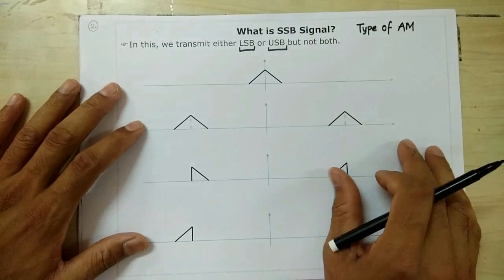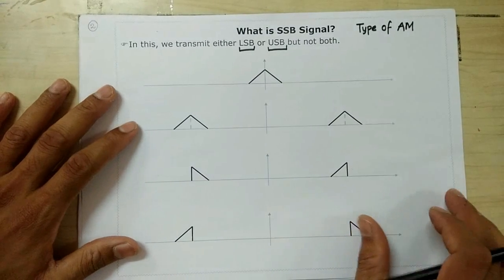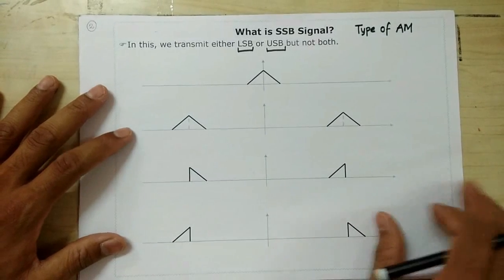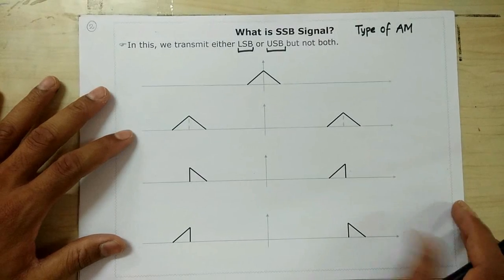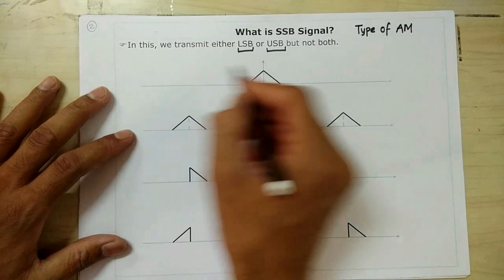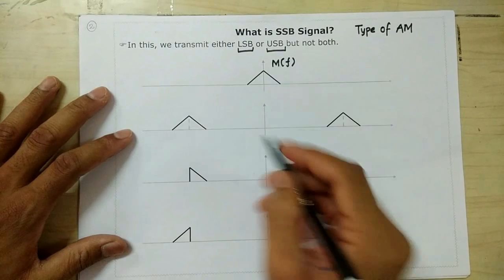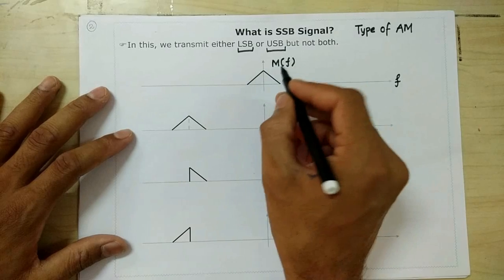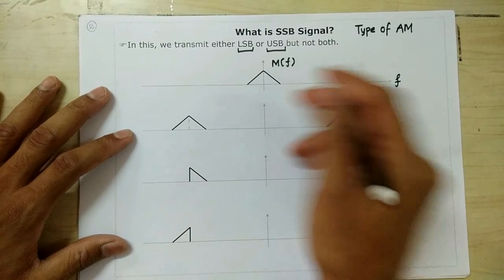So what is the basic idea behind this one and how is it going to be generated? Let us see how it can be done. Let's suppose our message signal has a spectrum of this kind. This is frequency versus the message signal magnitude spectrum.